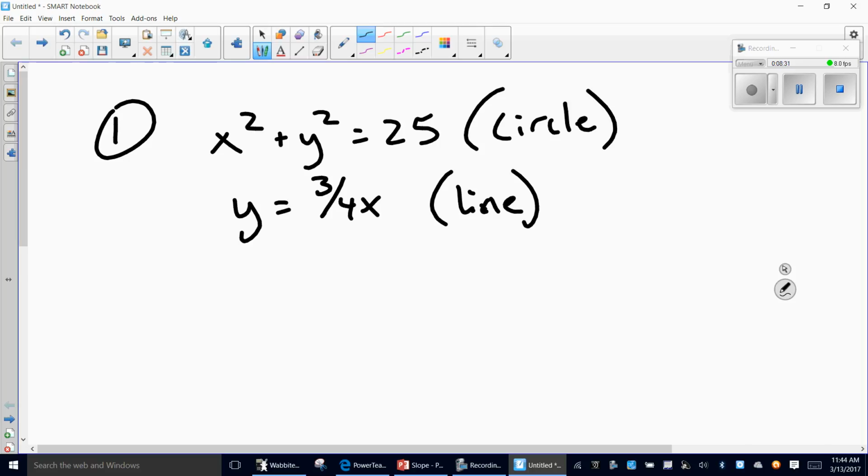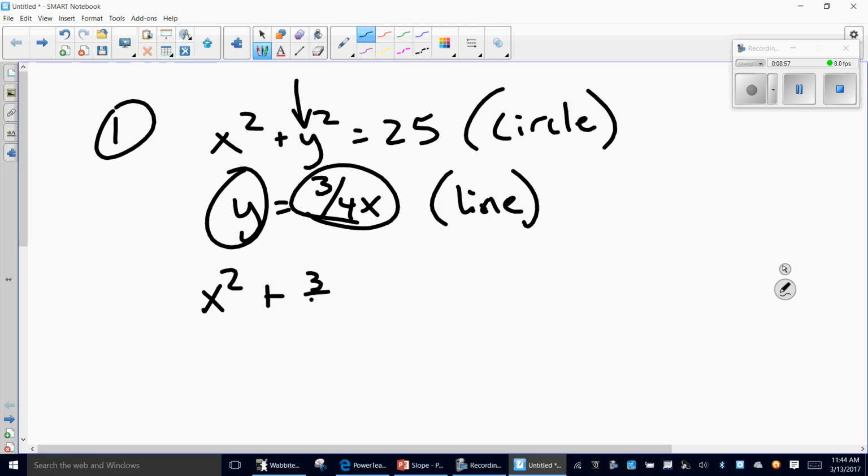Okay? So let's substitute. In order to substitute, you need one equation that's either x equals or y equals. Do I have one that is either x equals or y equals? Yes. Y equals what? 3/4 x. So when I come to the top equation, I can plug in 3/4 x.